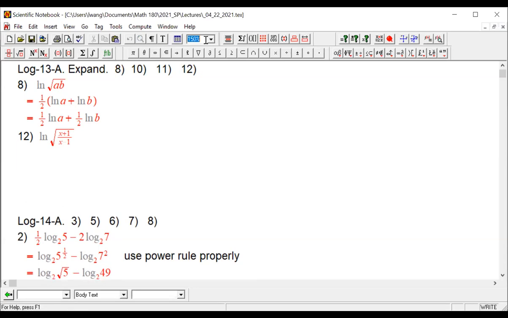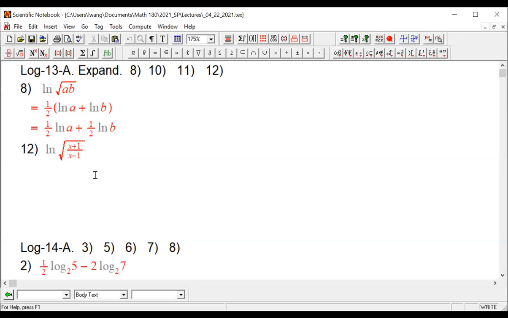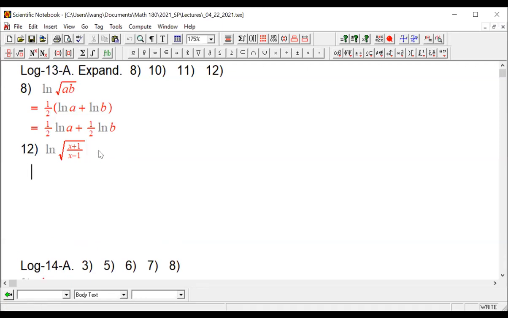I'm going to make the font just a little bit bigger so you can see the negative sign. There you go. You see the minus sign, right? So here, you're going to have the half, and you're going to have ln of x plus 1 minus ln of x minus 1.